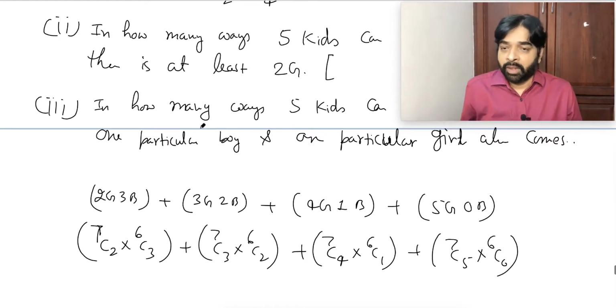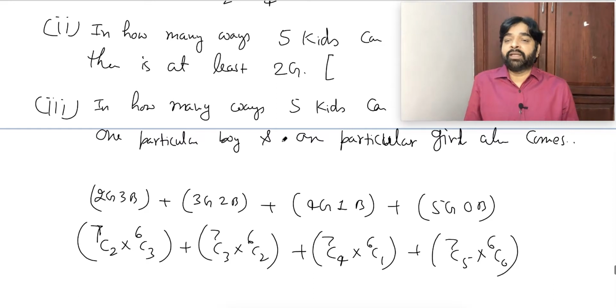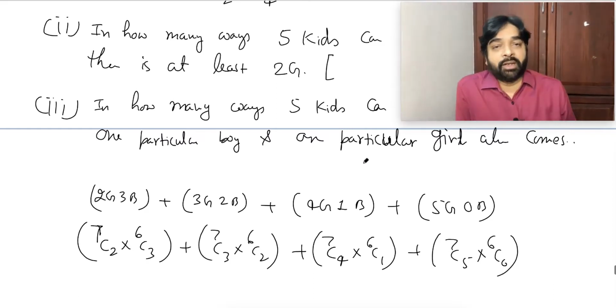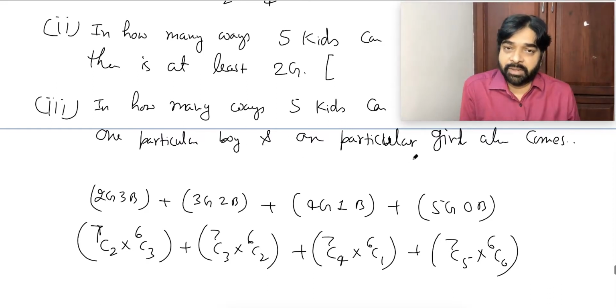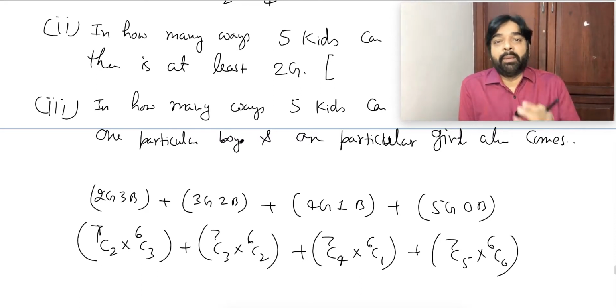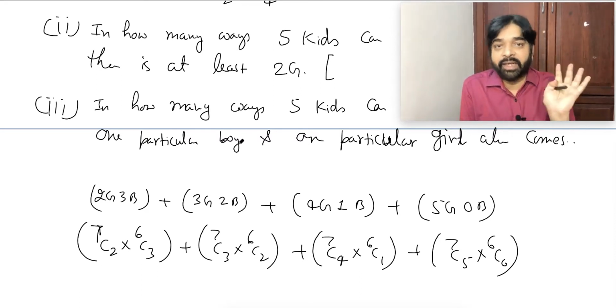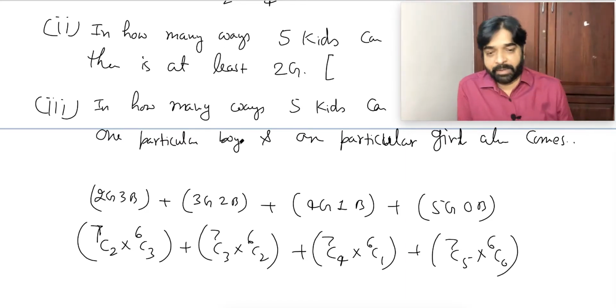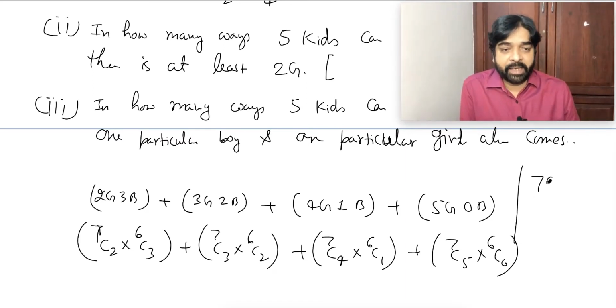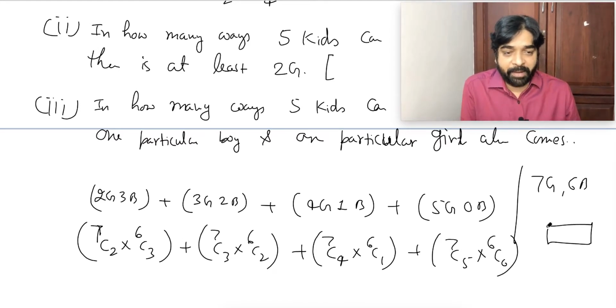Now, in how many ways can 5 kids be selected if one particular boy and one particular girl always come? That's very simple. Whoever has to come always, delete them because they are always there, right? Suppose there are 7 girls and 6 boys. I want to make a team of 5 people in which one particular boy and one particular girl always come.